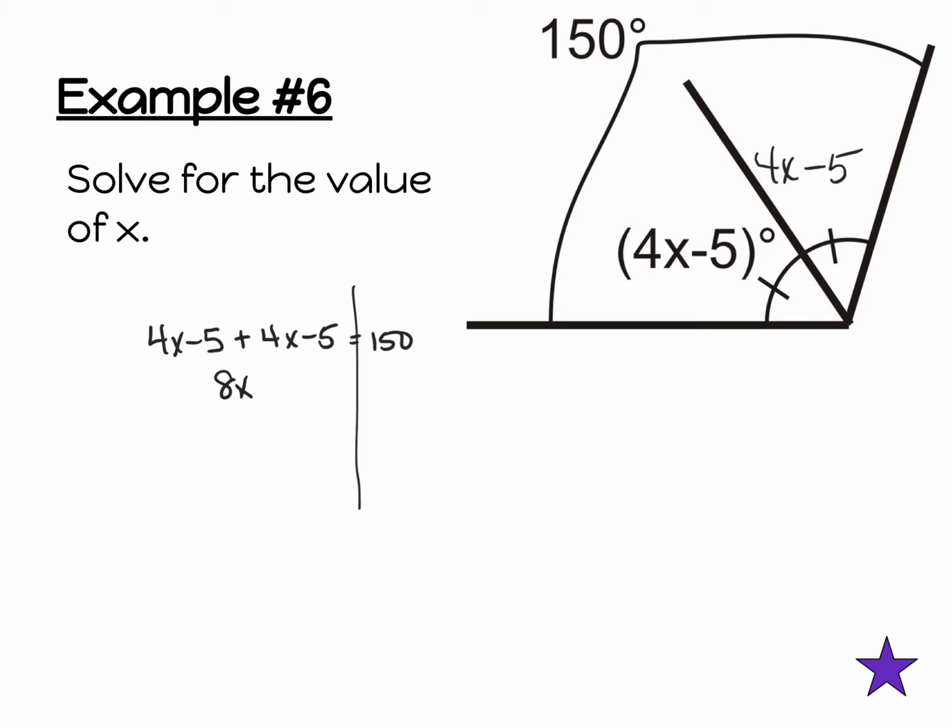Negative 5 plus a negative 5 gives me a negative 10. That equals 150. Now I can add 10 to both sides. So I have 8x equals 160. If I divide by 8, I get x equals 20.